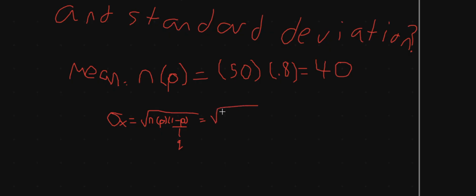That'd be the square root of 50 times 0.8 times 0.2, since 1 minus 0.8 is 0.2. This was just a pure coincidence of matching the example, but that doesn't always mean that's going to be the case, right? So 2.83.